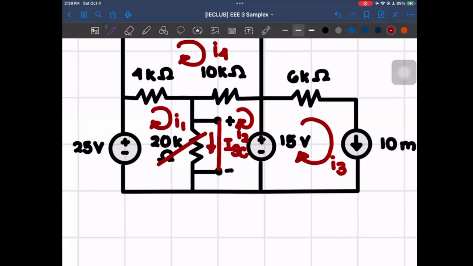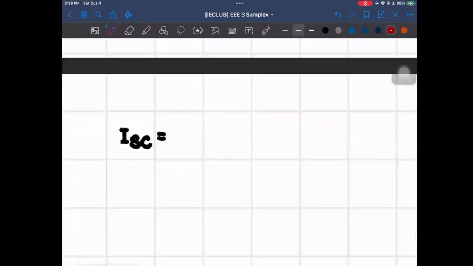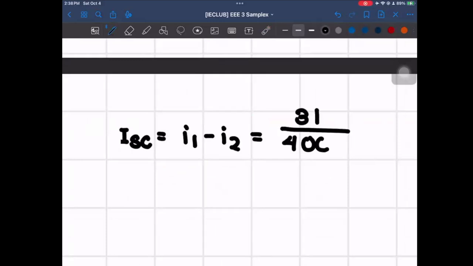To get ISC, we have to add I1 and I2. But we have to take note that once I1 reaches there, it's following the same direction as ISC, but for I2, it's going upwards, so it's in the opposite direction. So ISC is equal to I1 minus I2, which is equal to 31 over 4,000 ampere.